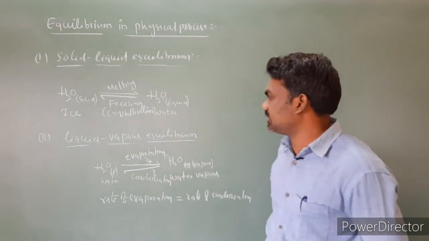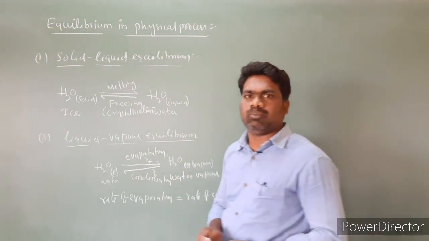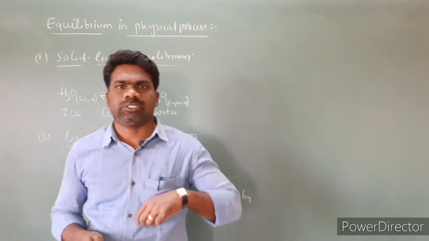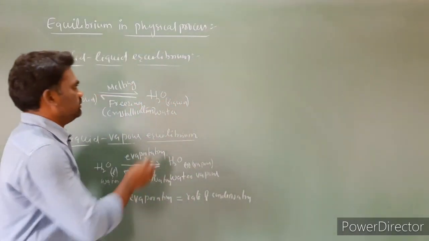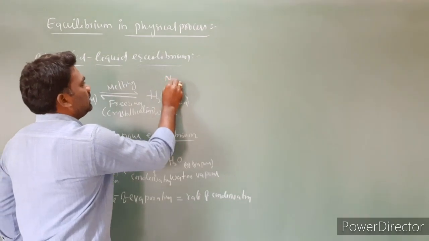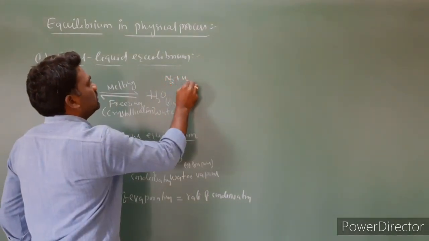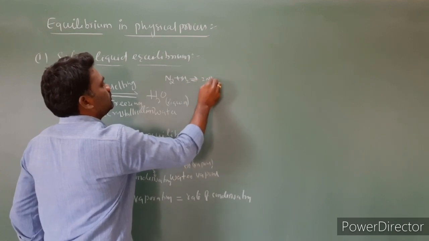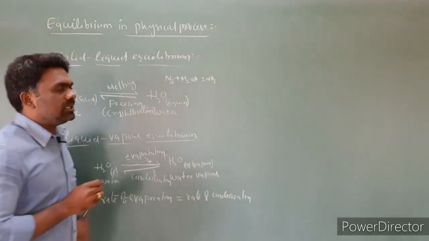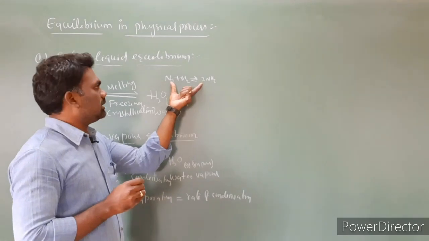Equilibrium in a physical process means there is no change in the composition of the substance. Let us take an example: N2 plus 3H2 gives rise to 2NH3. This is an example of chemical equilibrium, a chemical process.